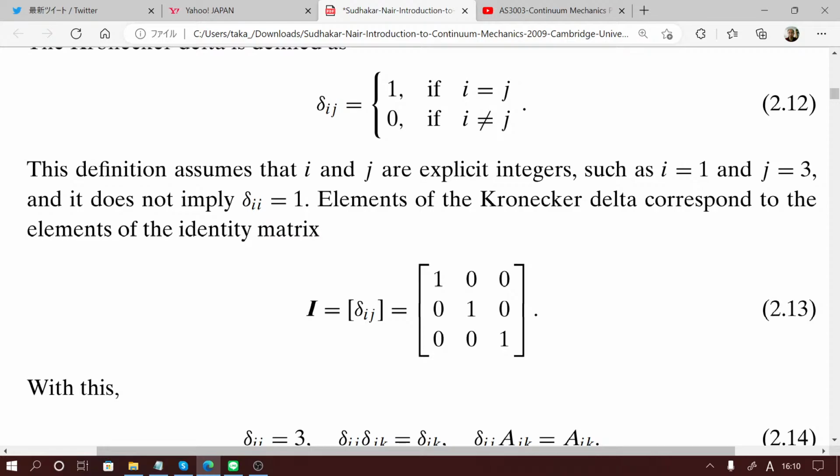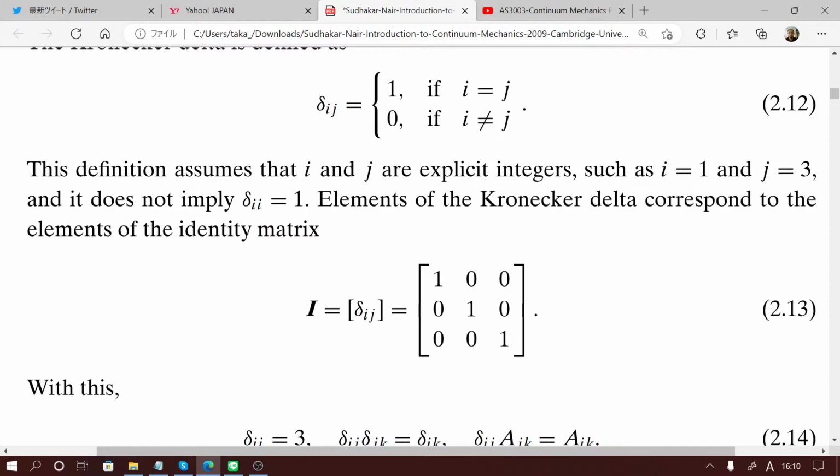This definition assumes that i and j are explicit integers, such as i equals 1 and j equals 3, and it does not imply delta ii equals 1.